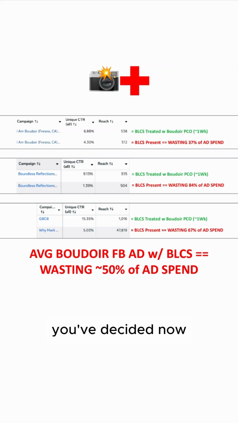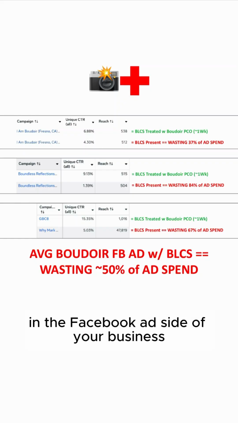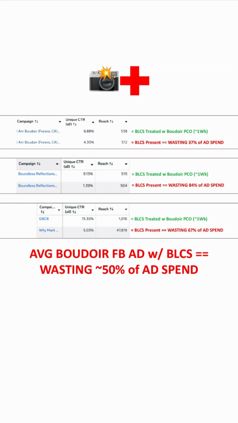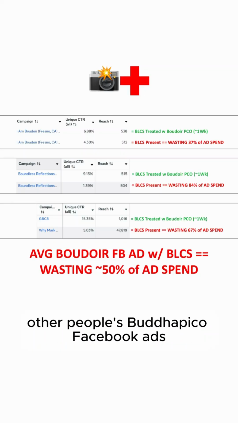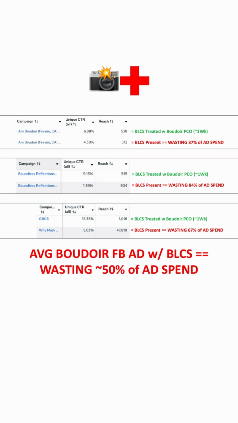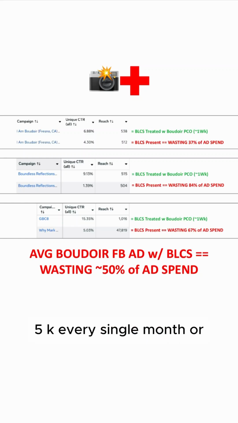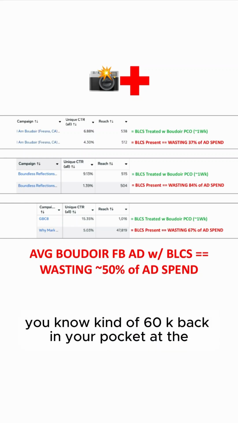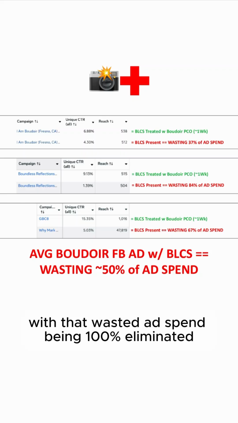You've decided now you need to do that same optimization in the Facebook ad side of your business, because you're seeing what Boudoir Pico has done for other people's Boudoir Facebook ads, and you want to get back in your pocket approximately 5K every single month, or kind of 60K back in your pocket at the end of the year, with that wasted ad spend being 100% eliminated.